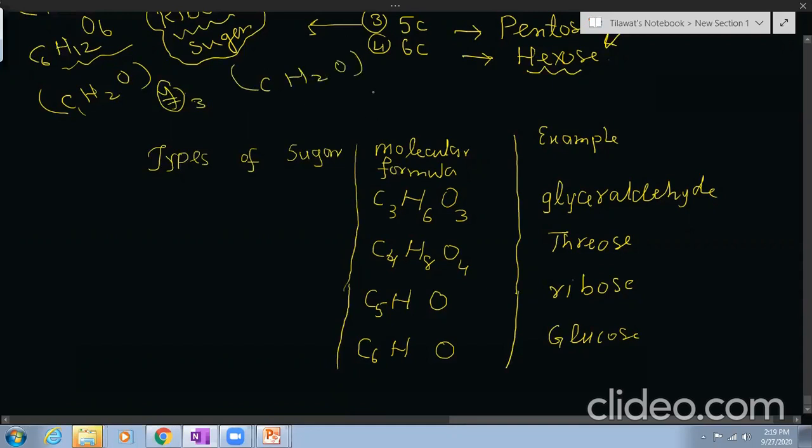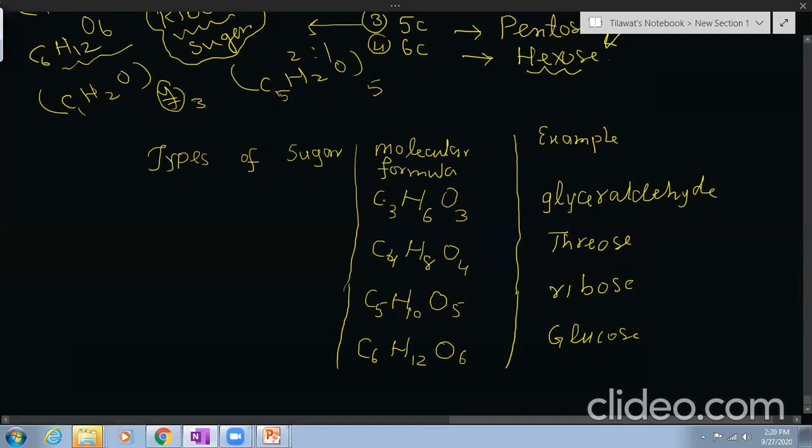For pentose, when I put 5, 5 multiply 1 is 5 carbon, 5 multiply 1 is 5 oxygen, and 5 multiply 2 is 10 hydrogen. Okay, for this also the same way. 6 multiply 1 is 6, right? And 6 multiply 2, because the ratio should be 2:1, is 12.